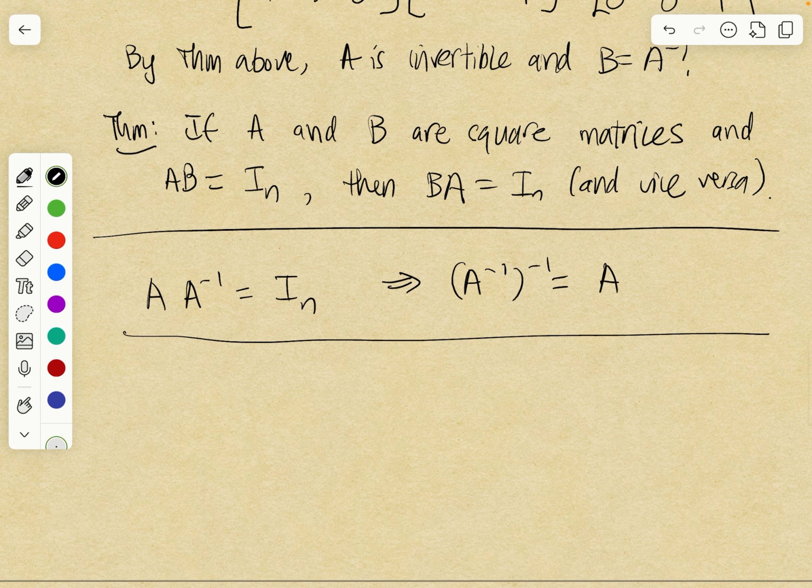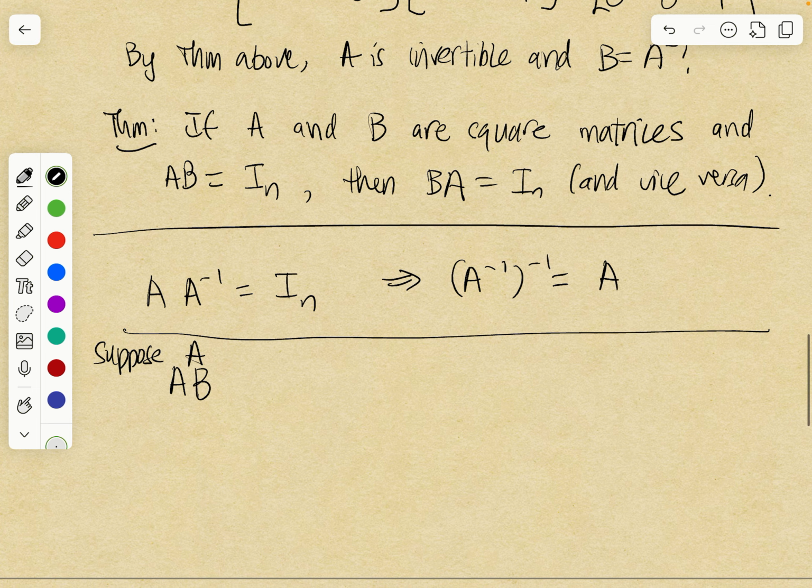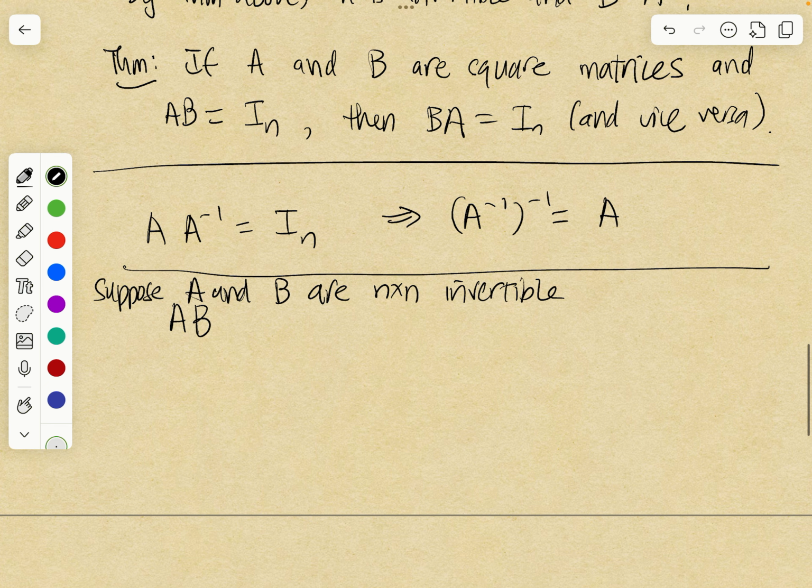Okay, let's do maybe some comments. I'll just make another remark. What happens if you do A times B? So suppose that A and B are n by n invertible matrices. So you know that they're invertible, so they do have inverses. Then it turns out that AB is also invertible.